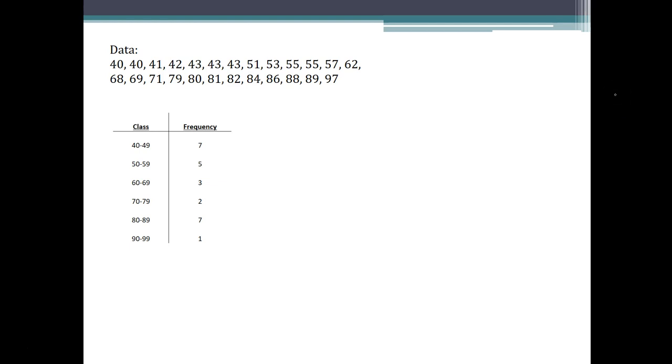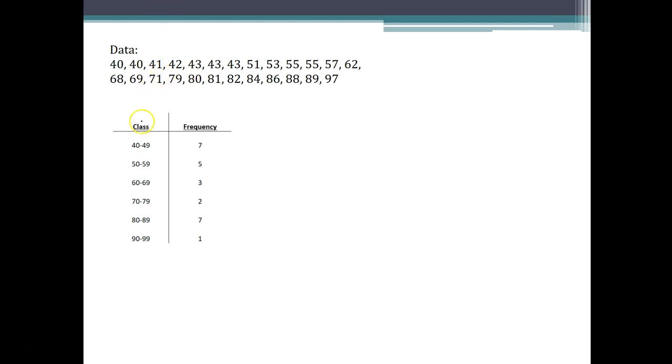Well, here's an example of a frequency distribution. The data given is listed there, various integers from 40 up to 97, not including all of them, but some repeat, some don't. And below that data list is a frequency distribution.